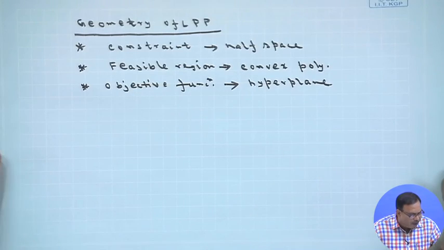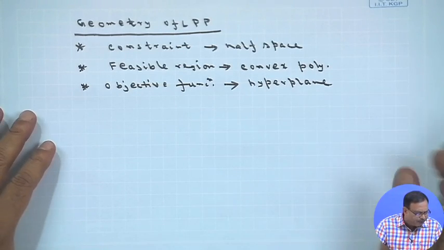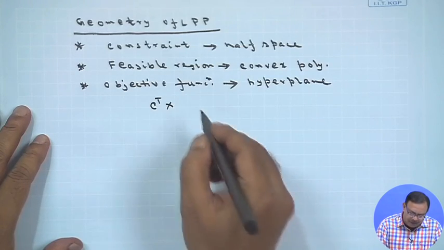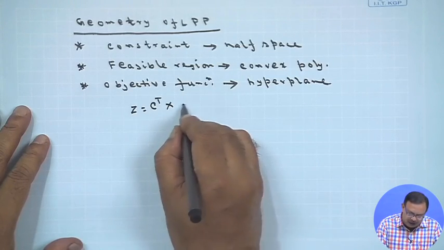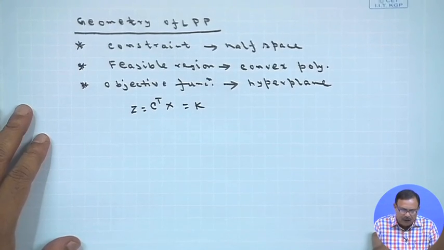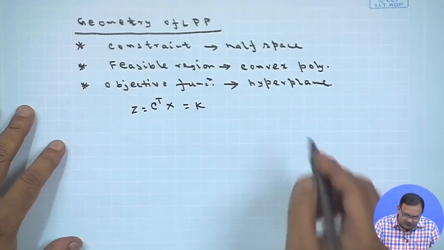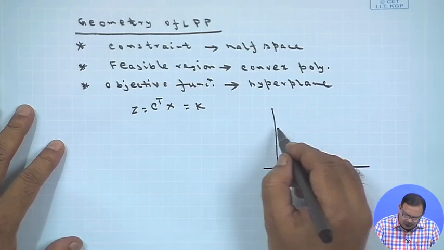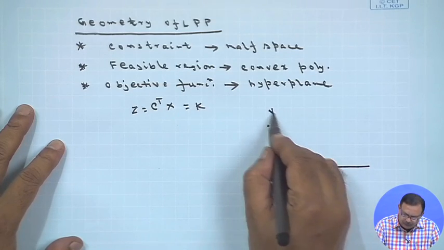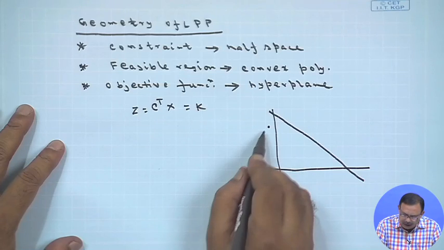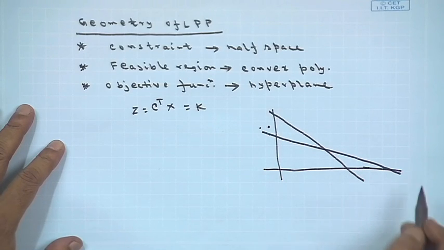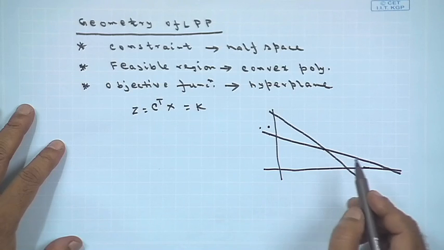Now, what about this one? Your value of this objective function can be written as z equals C transpose x equals say k. If I am to write it in a very simple form, suppose you have something like this, and you have another one which is cutting something like this.